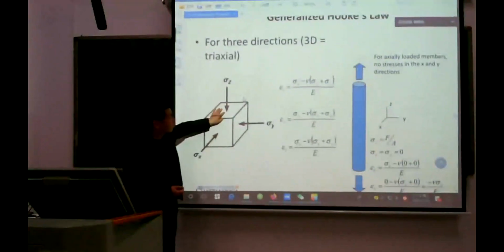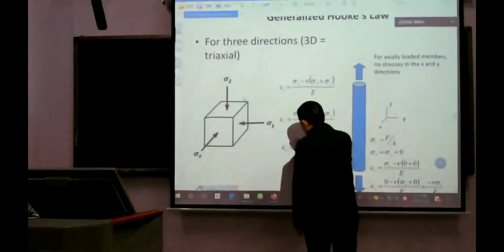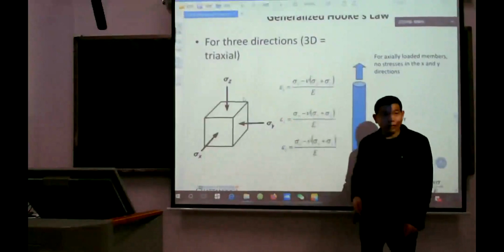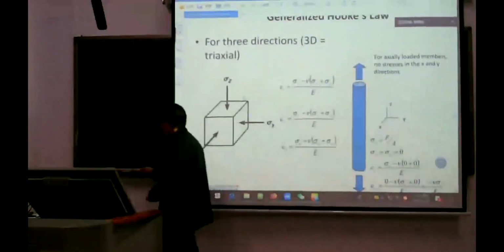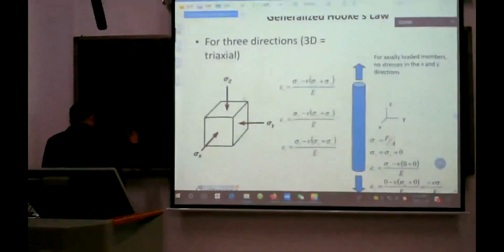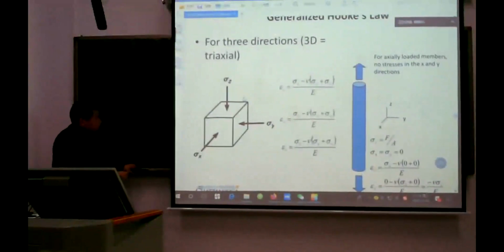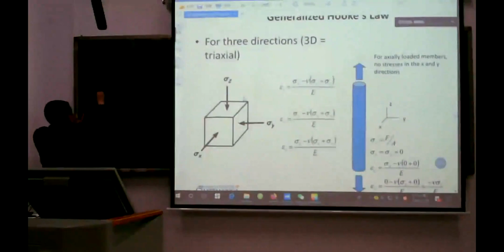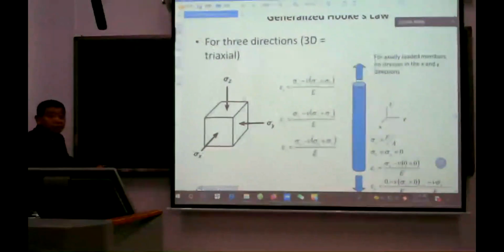When sigma z acts on it, in the z direction, epsilon z will be sigma z over E. Yes.